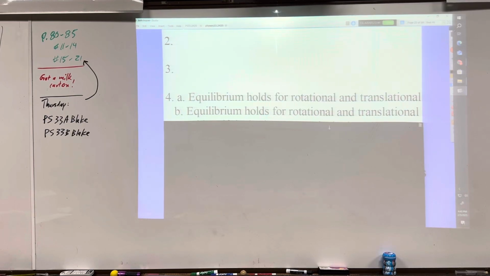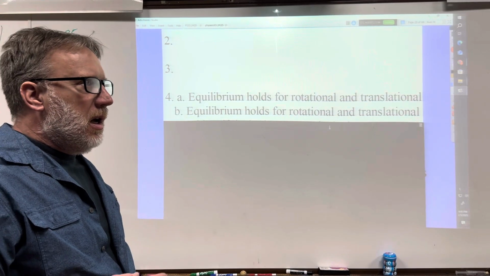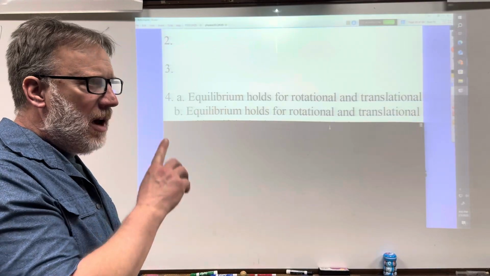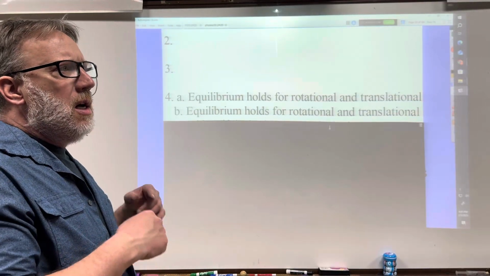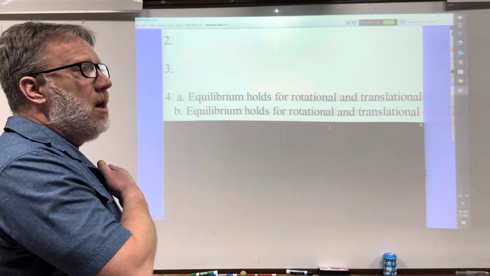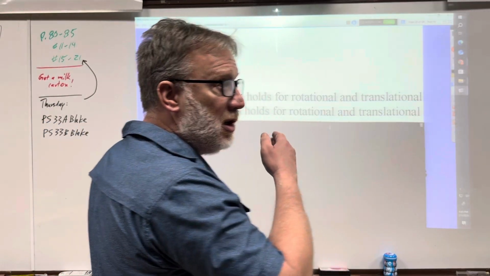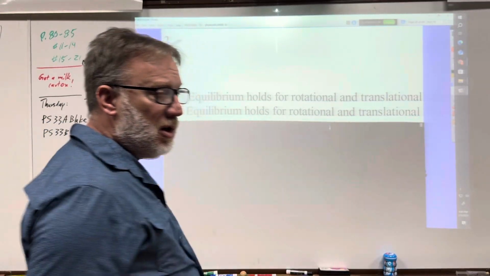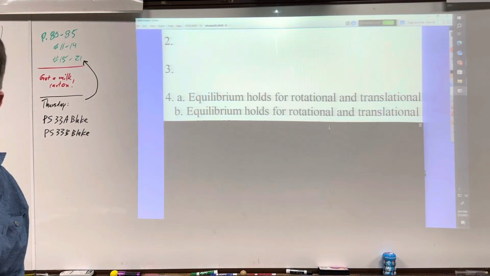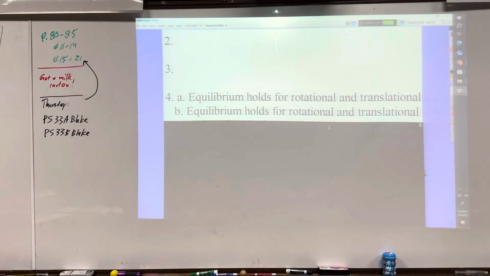Number C, the tires on a braking automobile that is still moving. I guess there's multiple discussions you could have on it, but let's say the car is braking and the tires are slowing down and the translational motion is still going, but it's slowing down. It's still moving, but it's slowing down. Well, that system is not in equilibrium because you've got acceleration.